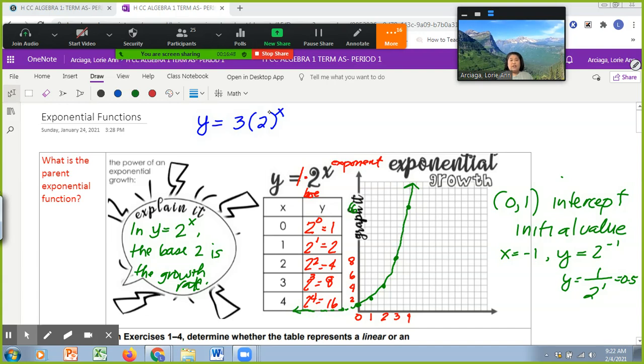The initial value is the number that doesn't have an exponent x. The number that is connected to x is your growth rate. Can you tell me what your initial value is for y is equal to 3 times 2 to the x? In the chat box, anybody?